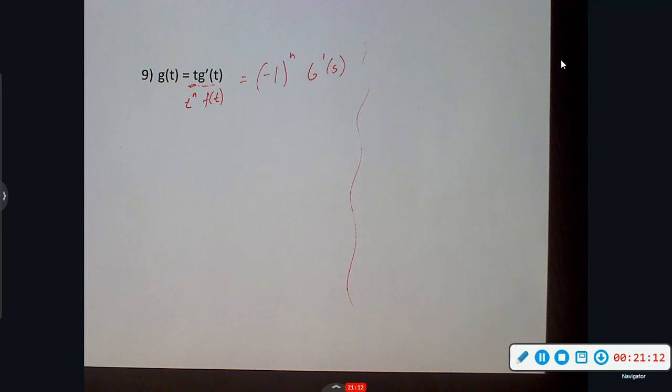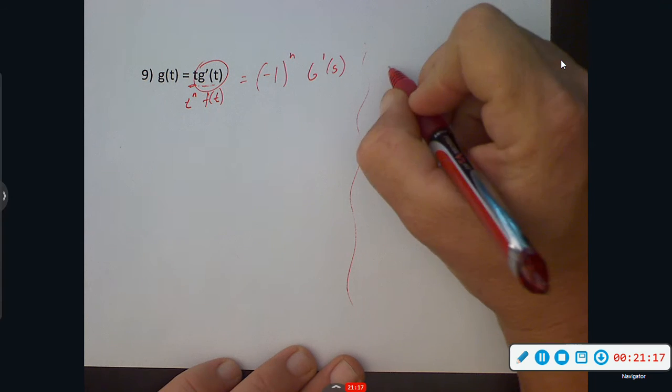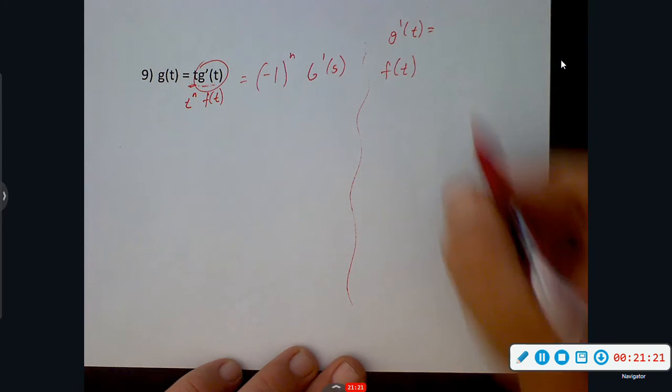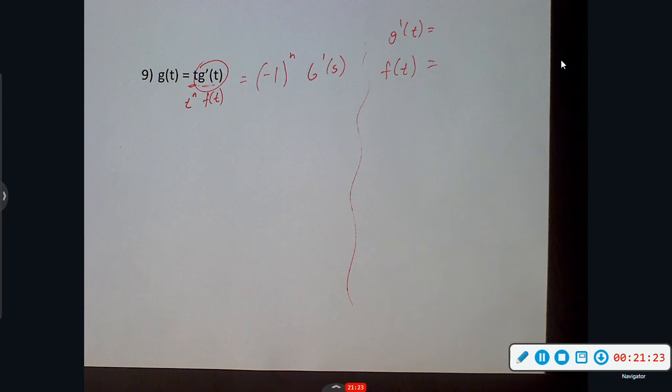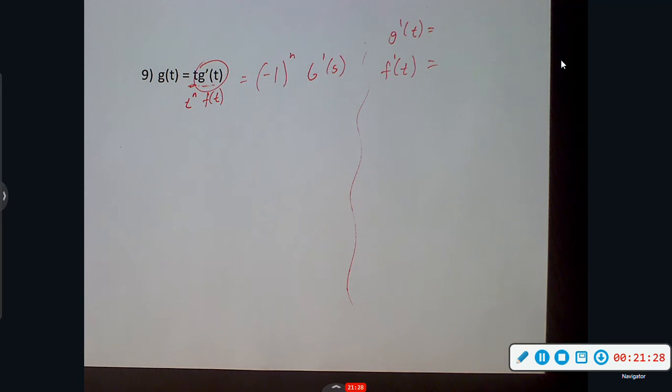So our function is g prime of t. And what does g prime of t tell you? Or what does f prime of t tell you in the equation? Well, it's number 35.